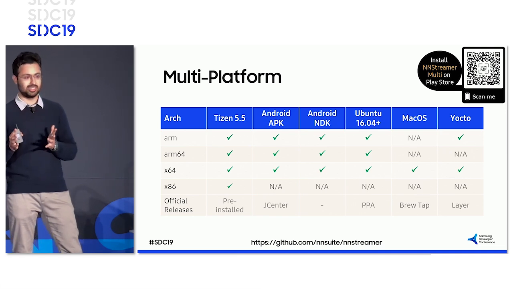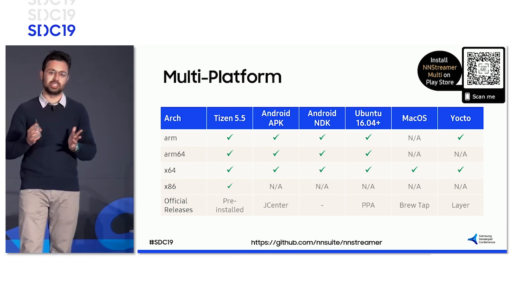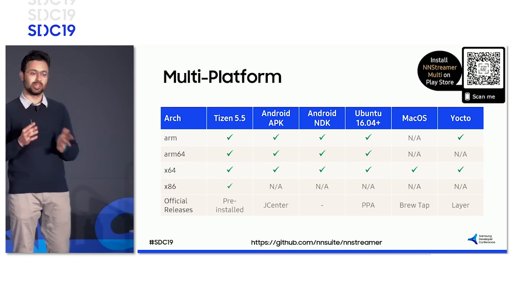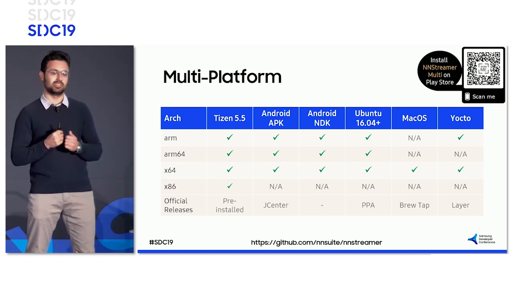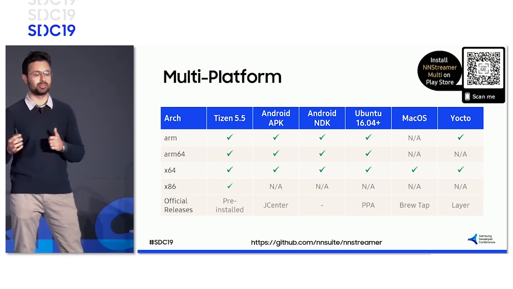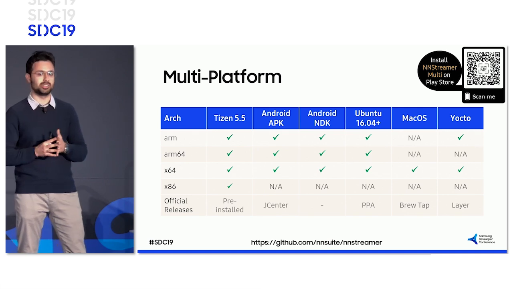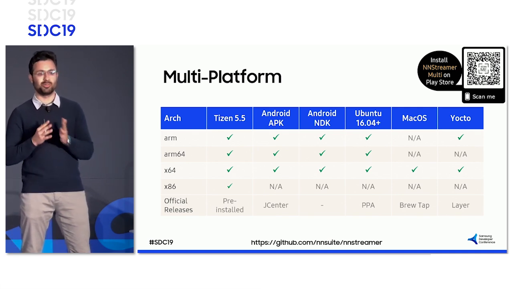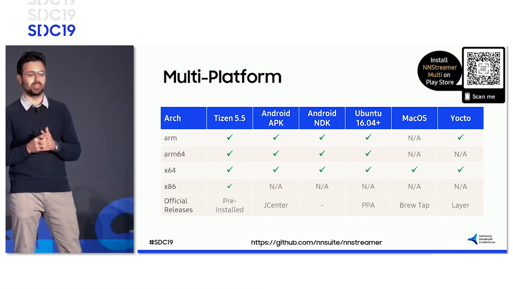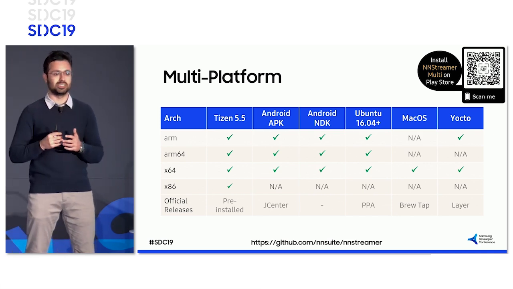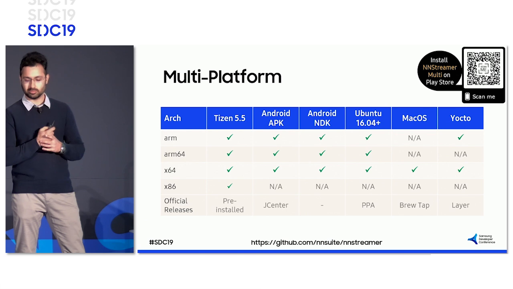So this means that if you're writing an application with Tizen or Android, you can import our package via Tizen Studio or Android Studio directly and package it with your application. But if you want to write an application with these operating systems, you want to know where our package is inside the operating system.